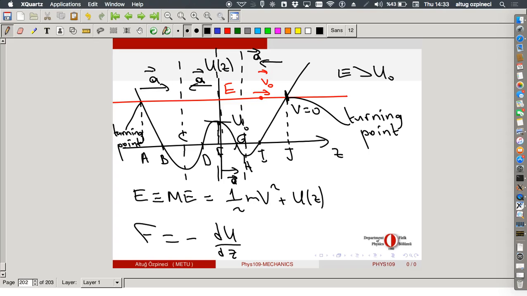Now, this is just a hypothetical system. Now, for a more realistic system, for example, we can imagine just take a ball and bounce it.